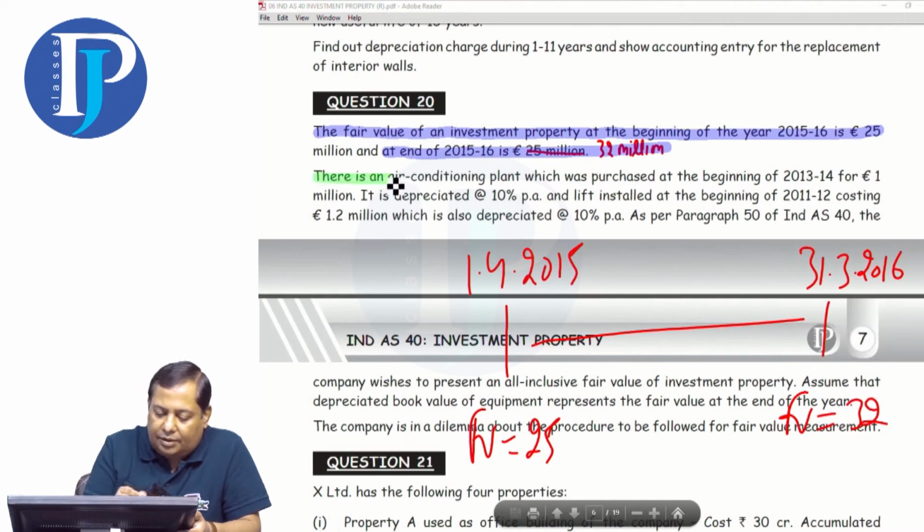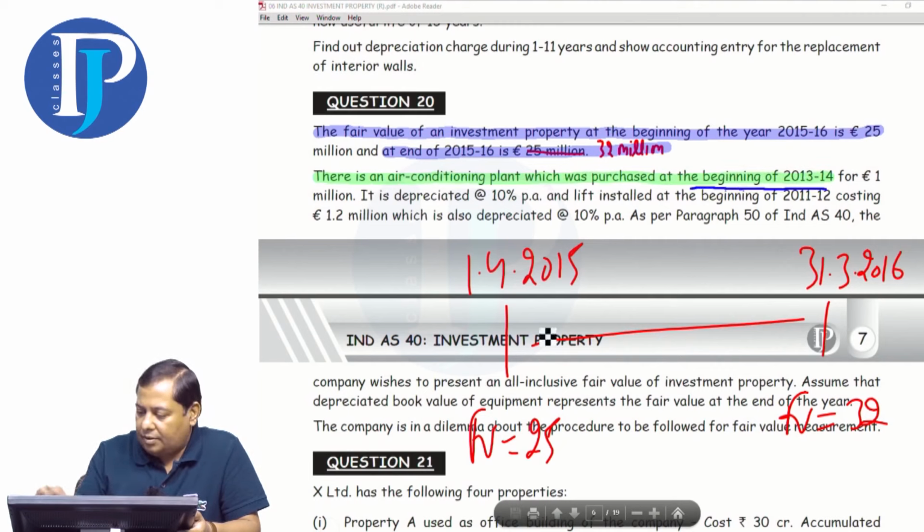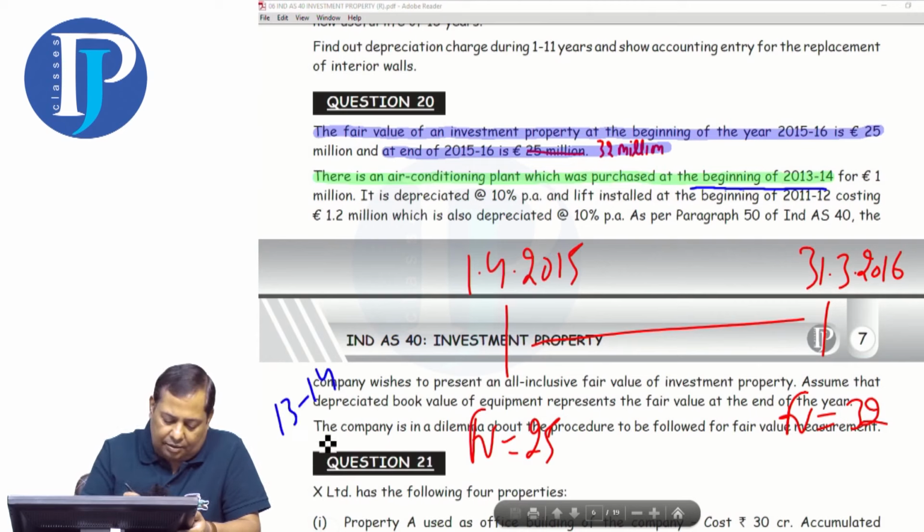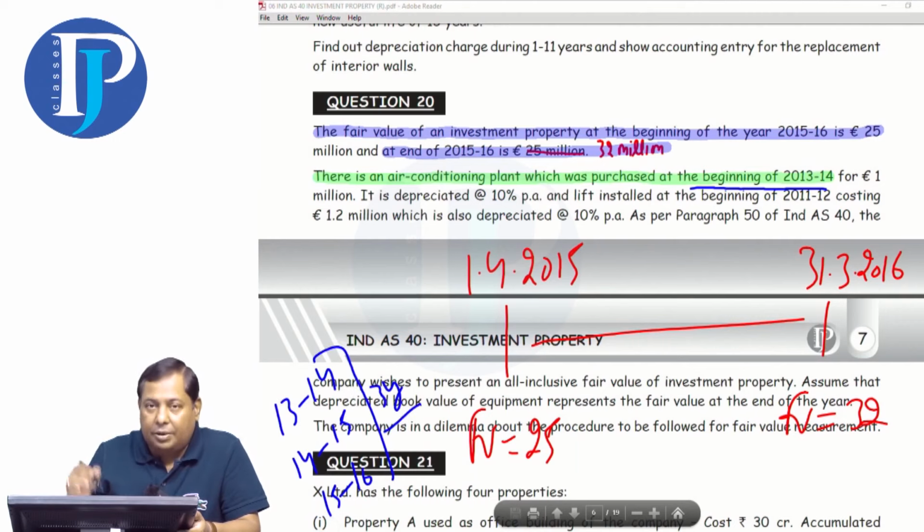It says that there is an air conditioning plant which was purchased at the beginning of 13-14. How many years? 13-14, 14-15, so it has been 3 years since 15-16. There is an AC plant installed inside the building, okay? So here it has been 3 years since the AC plant was installed.